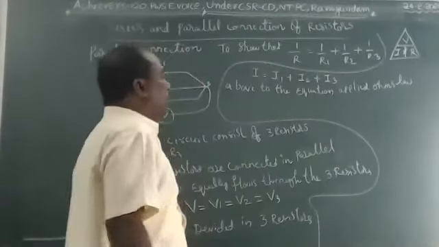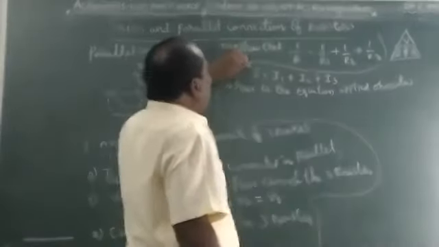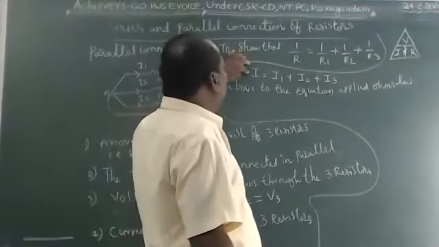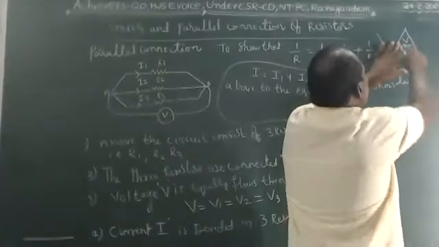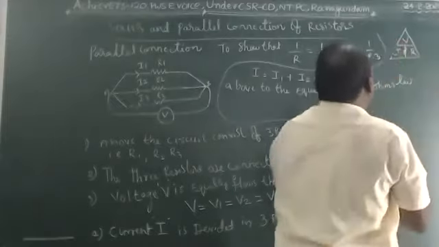Okay, children. So I means current. What is the formula of current according to Ohm's law? Take the magic triangle and close it. I means V by R, the current formula.